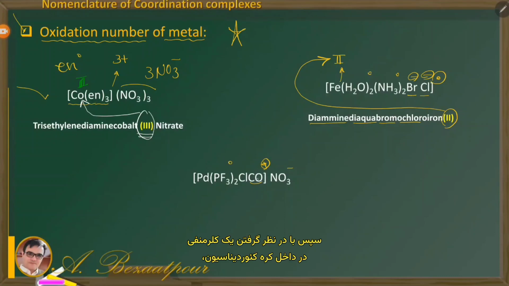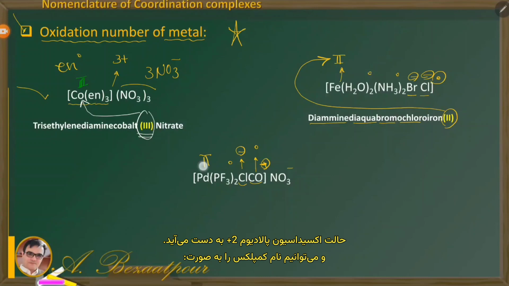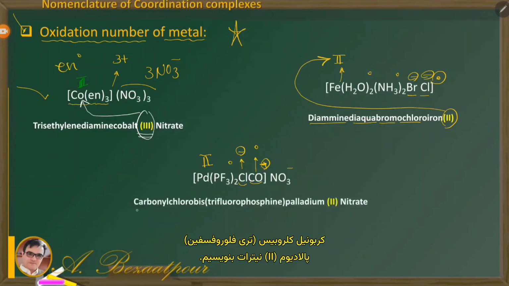Then, considering the 1 negative chloro inside the coordination sphere, the oxidation state of palladium is obtained 2 plus. And we can write the name of the complex as carbonylchlorobis(trifluorophosphine)palladium(II) nitrate.